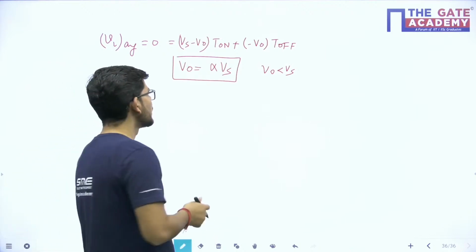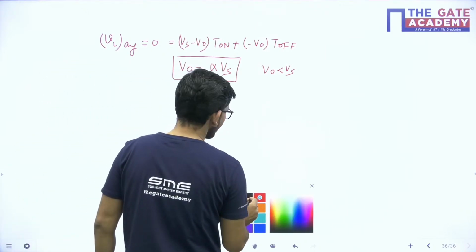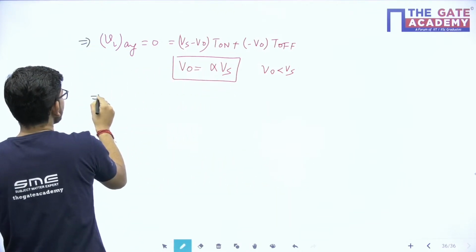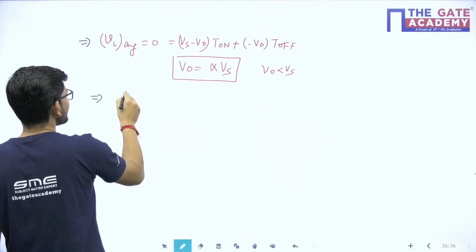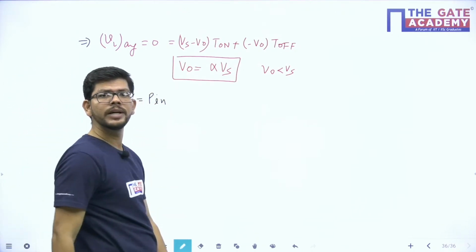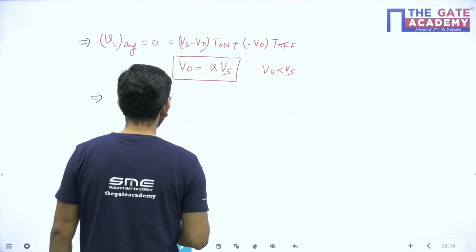Now always do this particular thing, and after this, do remember to do the next thing, that is, always equate output power to input power, that is P naught equals P input. When you equate P naught to P input, what will you get?